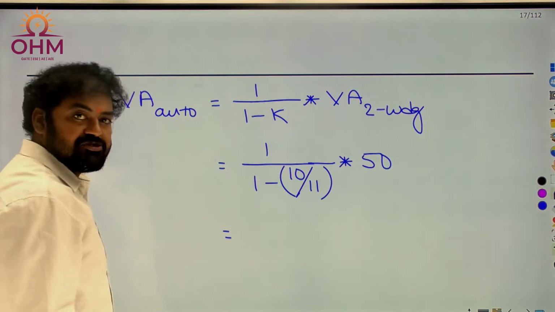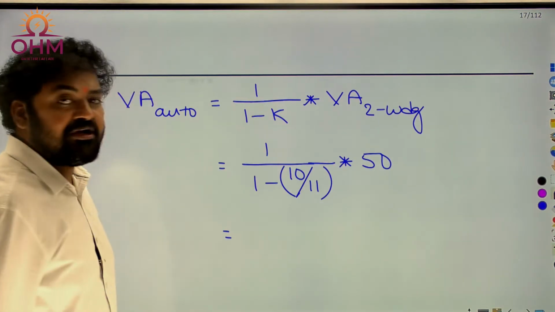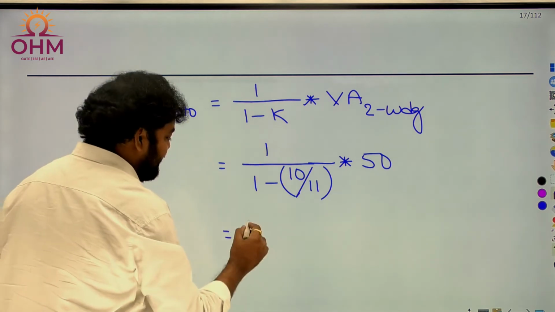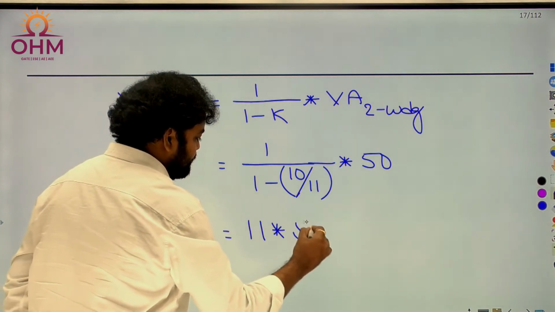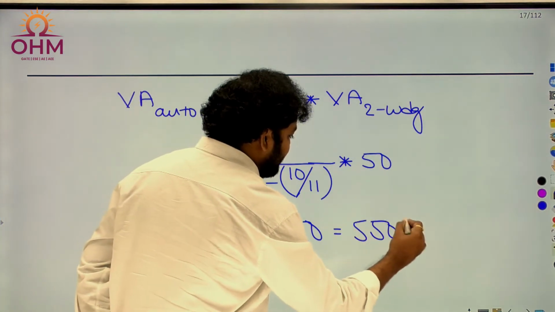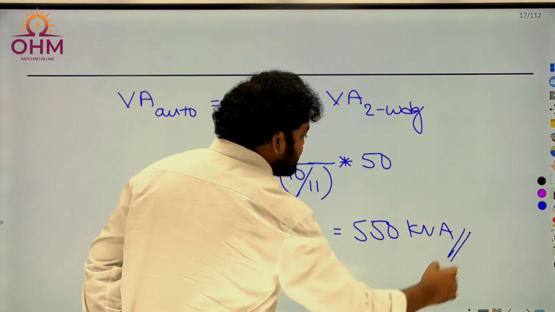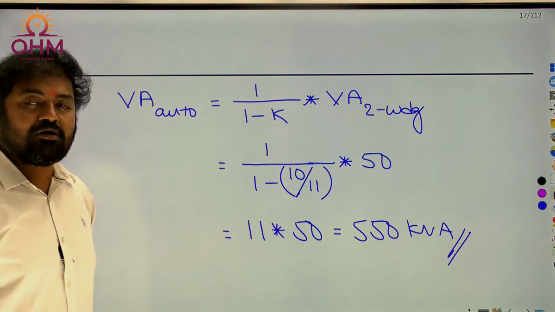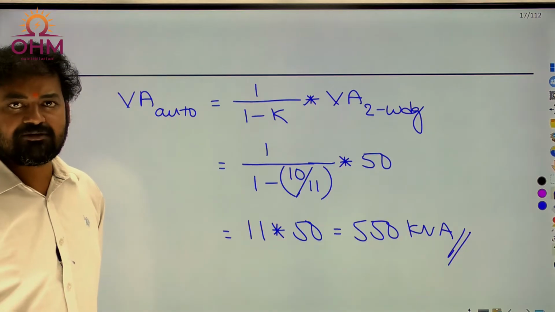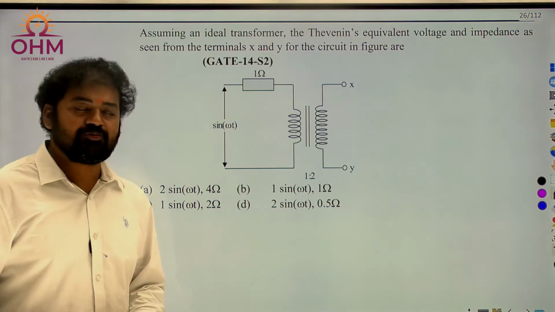Therefore, if you solve this, you will get the VA rating of the auto transformer. If I solve this ratio, 11 times 50, isn't it? So it will be 550 kVA. So this is the volt ampere rating of the auto transformer. Very simple and straightforward question. All right, so let's move to the next problem.